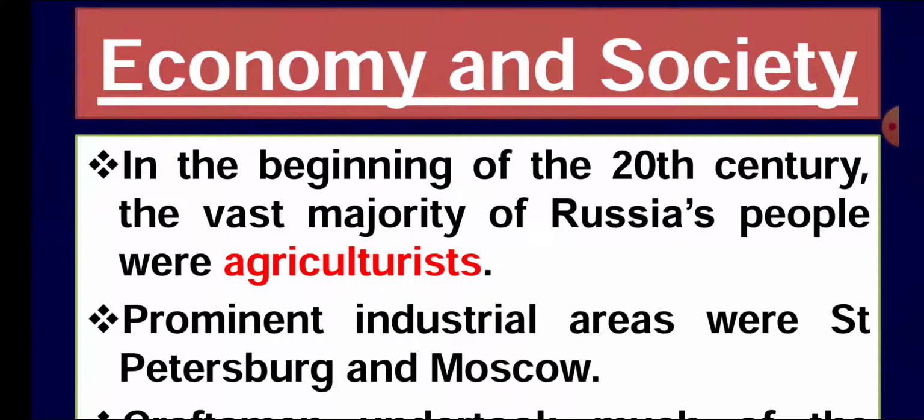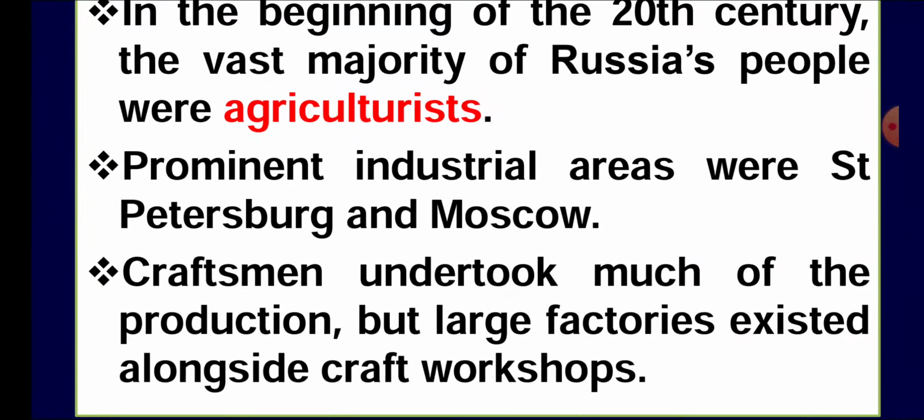The same way, in the beginning of the 20th century, the Russian people's livelihood was also agriculture, and some of the prominent industrial areas were St. Petersburg and Moscow. Craftsmen undertook much of the production, but large factories existed alongside craft workshops.